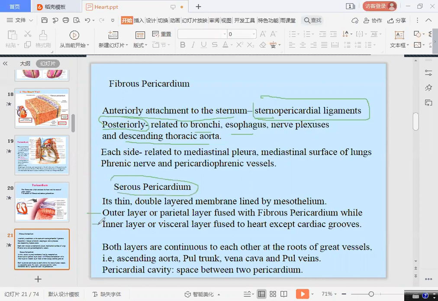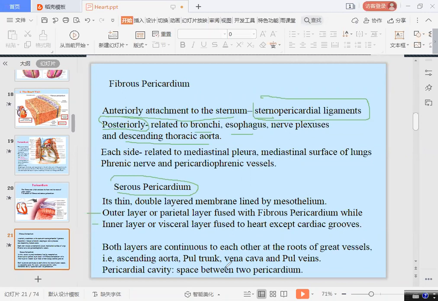The outer layer is fused with the fibrous pericardium, and the inner layer is fused with the wall of the heart. Both layers are continuous with each other, and there is a reflection at the great vessels. In between these two layers, we have the pericardial cavity, and within this cavity, we have pericardial fluid.